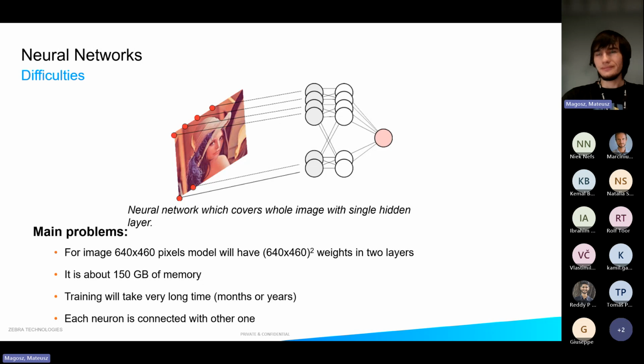So by preparing your neural network, each pixel had information about other pixels, and the amount of information was so enormous that, as you can see, for quite small images like 640 times 460, it needed about 150 gigabytes of memory.